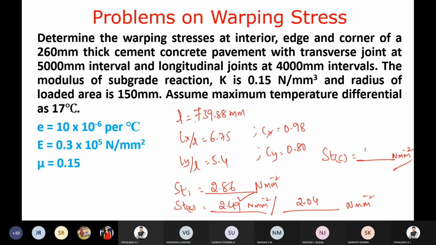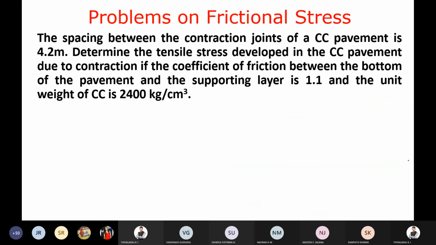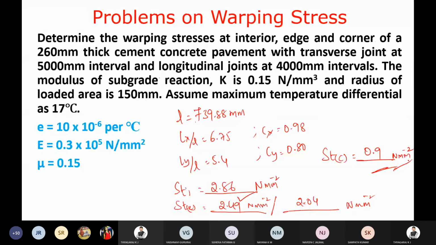Okay. So this completes the problems on warping stresses. We are still left with the frictional stresses. So kindly note down.